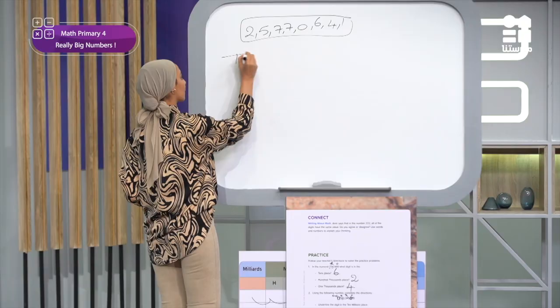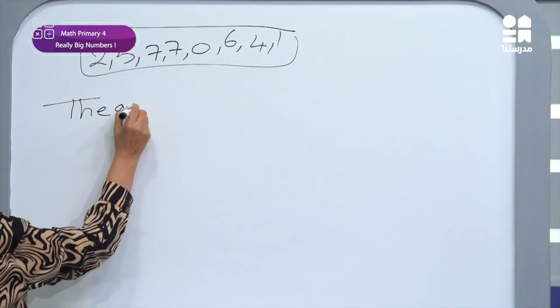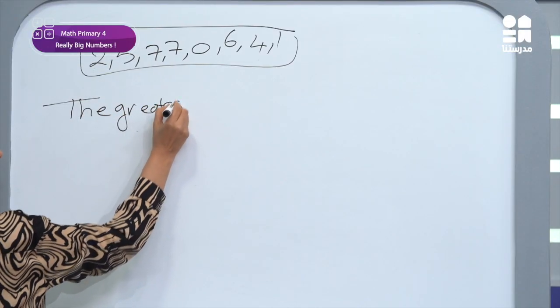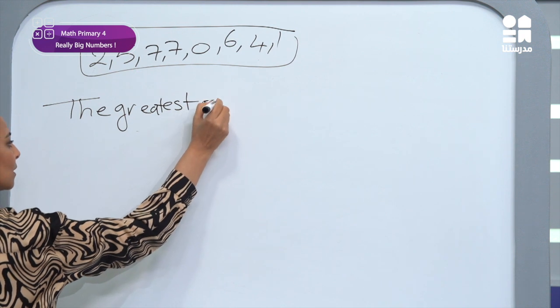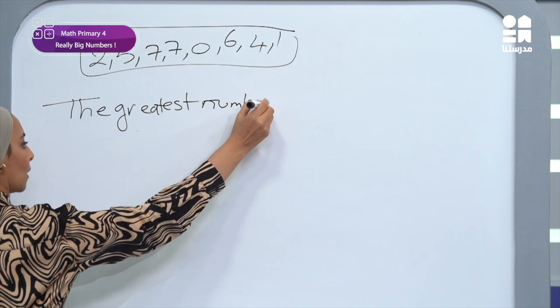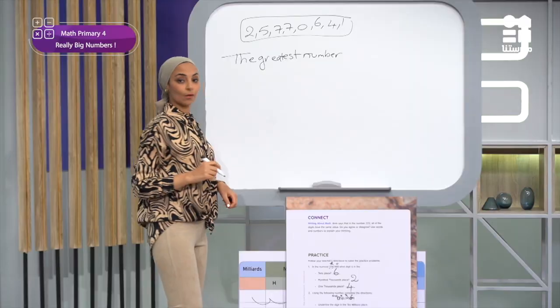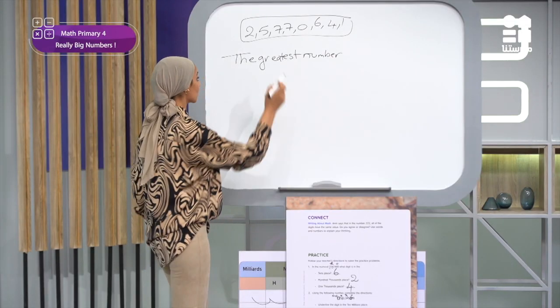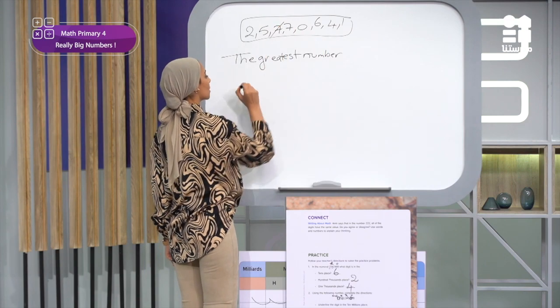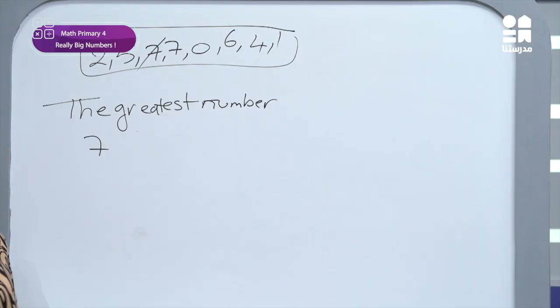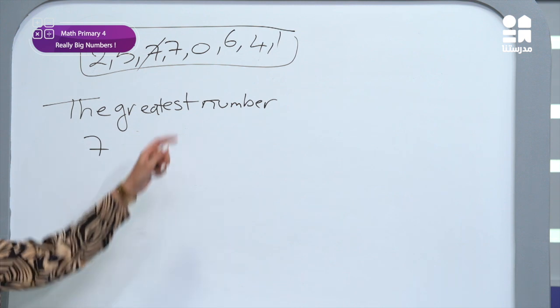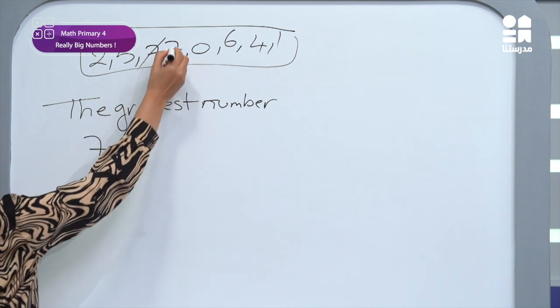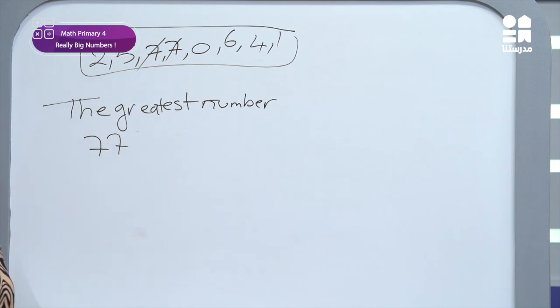Let's start with the greatest number. When I choose to start the greatest number, which is the biggest digit here? Yes, look, the biggest digit is 7. So I will start with 7. Someone will say to me, Miss, I have another 7. So write it again beside it. Then what should I do?